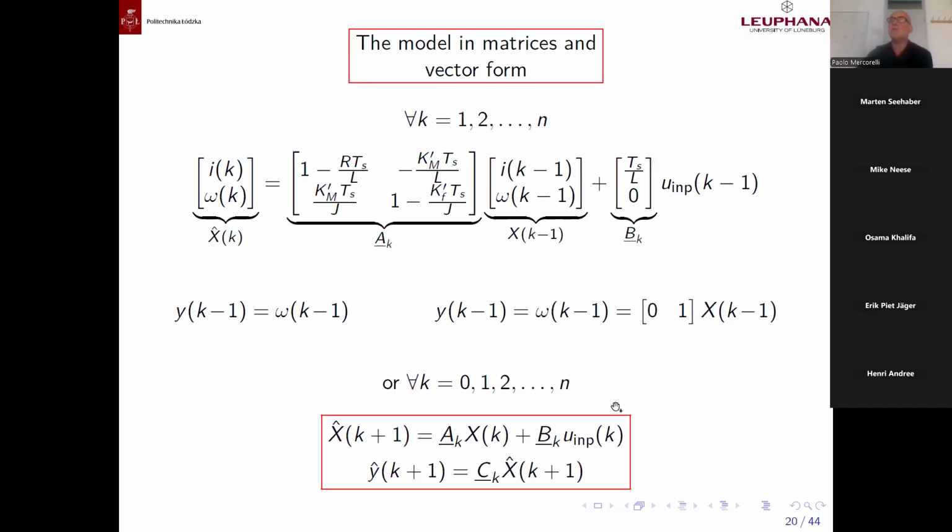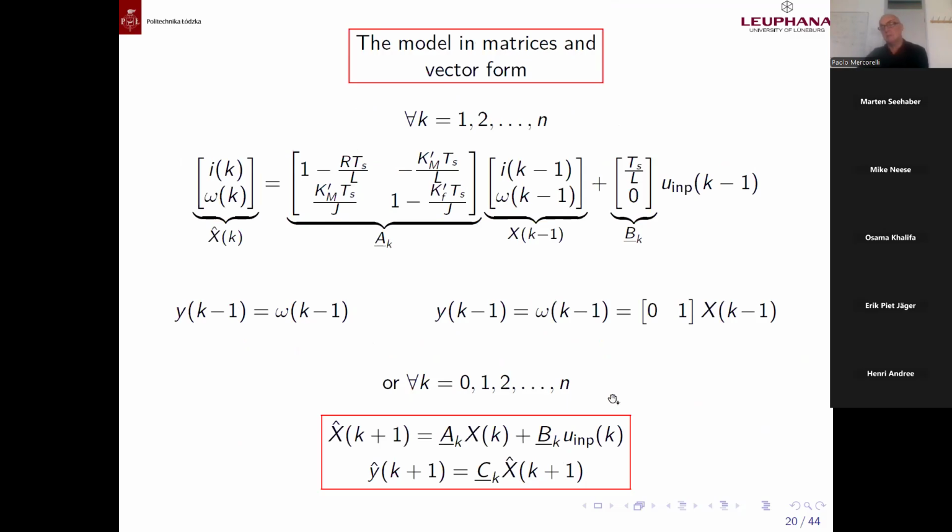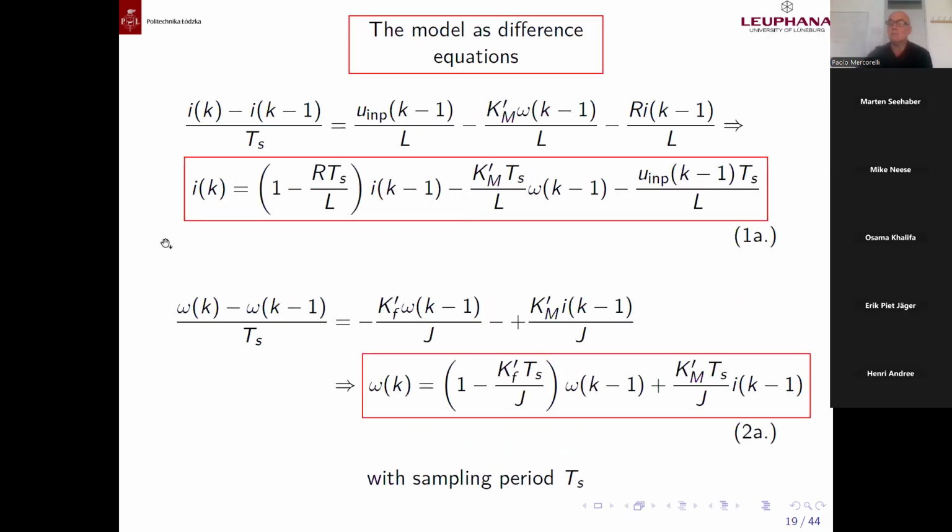Again, as I told you before, we can express everything, equation 1a and equation 2a, in a matrix form. We can see here it's in a matrix form. Probably you know we can do that: row multiply column, row multiply column. This information which I have here is the same information as in 1a and 2a.